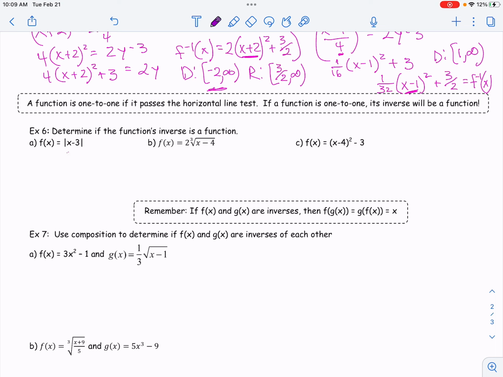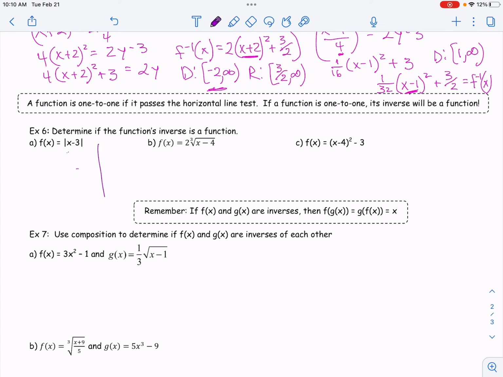Well, your domain for absolute value is going to be all reals. Your range, though, is going to be from 0 to positive infinity. So when we flip it, unless you restrict, your inverse is not going to be a function.